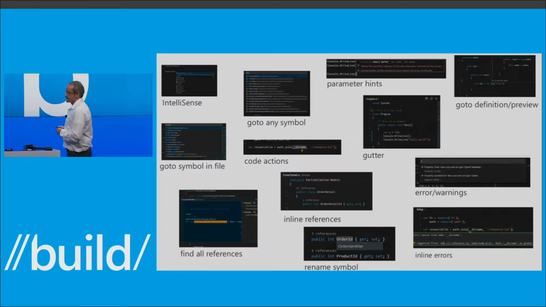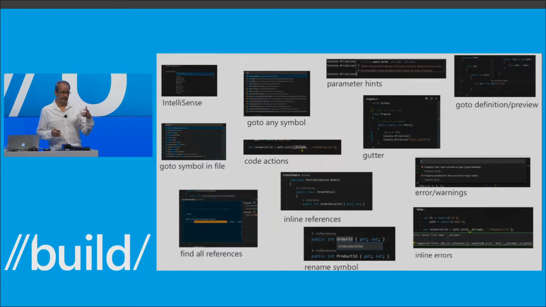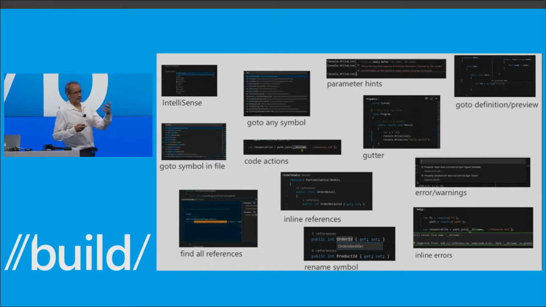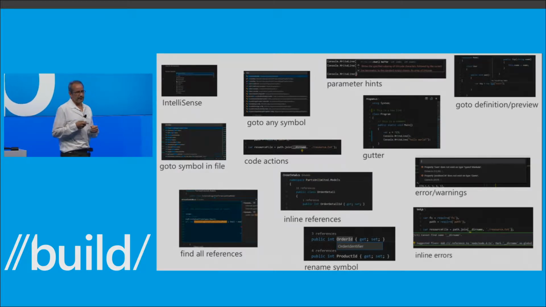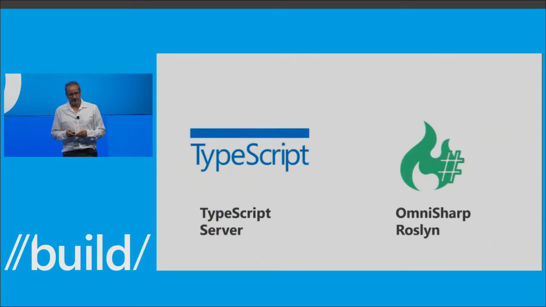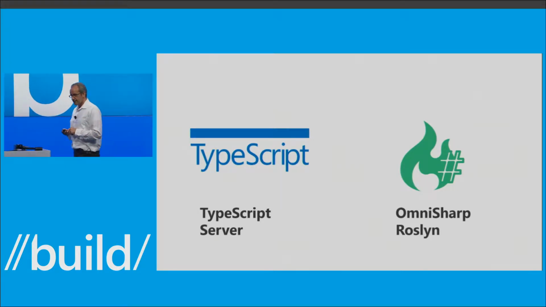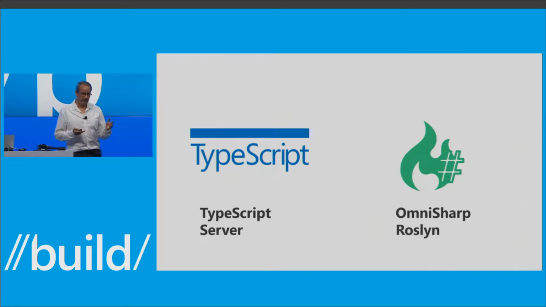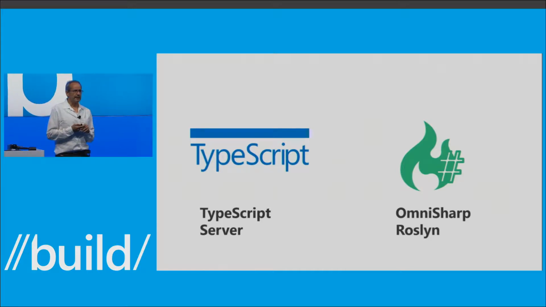Now what's missing is we have an editor, we have a UI framework for nice coding productivity features. What we need is the brain that feeds these features, right? And also there, we stand on the shoulders of giants, right? On one hand, we have TypeScript, which recently made a TypeScript server available. I will show you the architecture in a second.